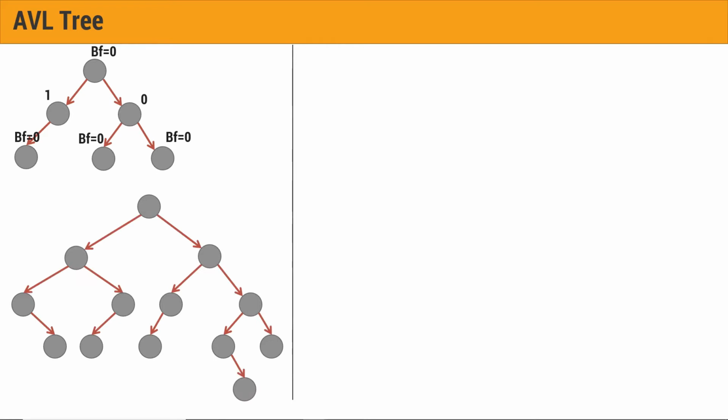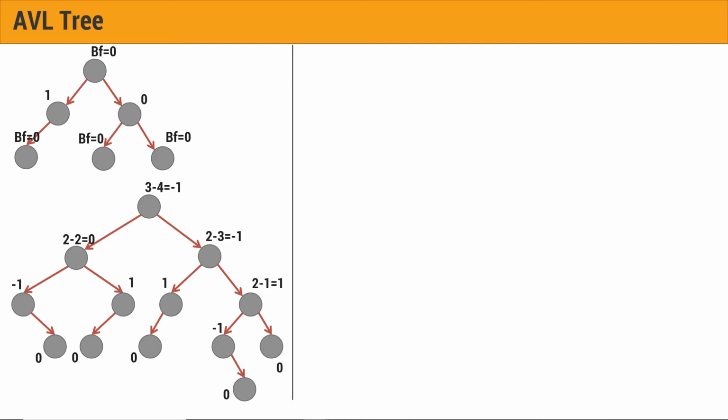Then again in this tree, the leaf node has balance factor 0, this node has balance factor -1, this node has 0, this node has 1, the leaf node has 0, this node has 1, the leaf node has 0, this node has -1, then this node has 0, this node has 2 minus 1, that is 1, again this node has 0, and this node has 2 minus 3, that is -1, and the last root node has 3 minus 4, that is -1.